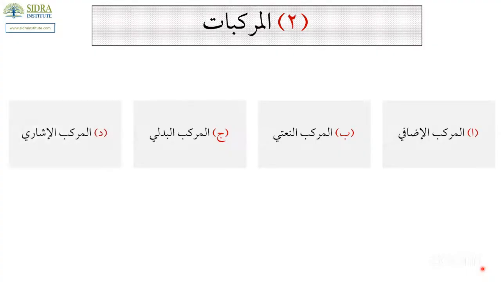We have al-Murakkab al-Ishari, the demonstrative construct, where we use ismul ishara followed by the musharun ilay, and sometimes we will see that it's a complete sentence, sometimes it's considered to be incomplete. We'll go through those examples.